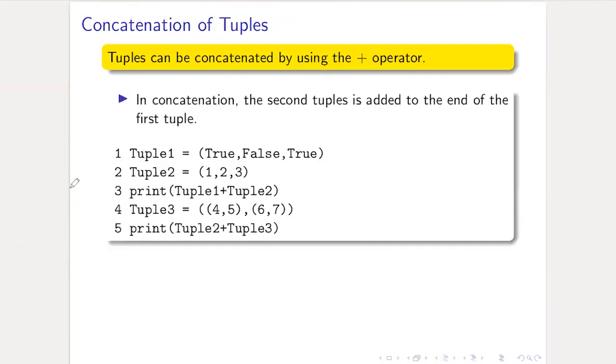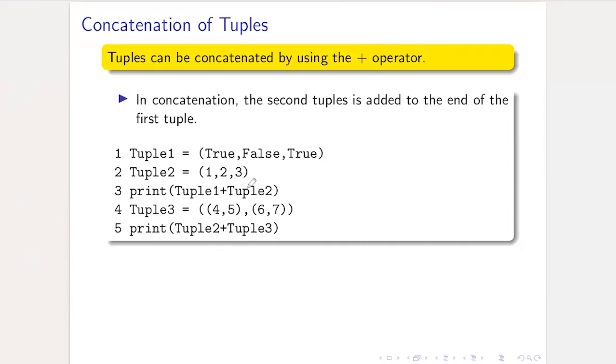And we can use the plus operator for concatenation, like what we have seen for lists. Essentially, you will be creating a new tuple by adding the second tuple to the first tuple.